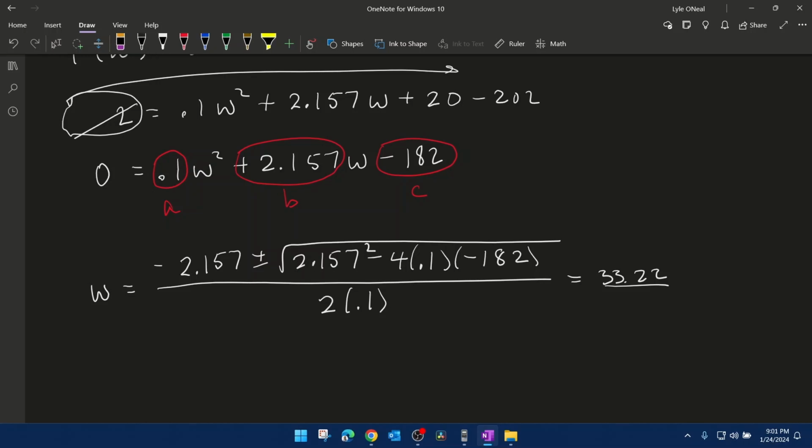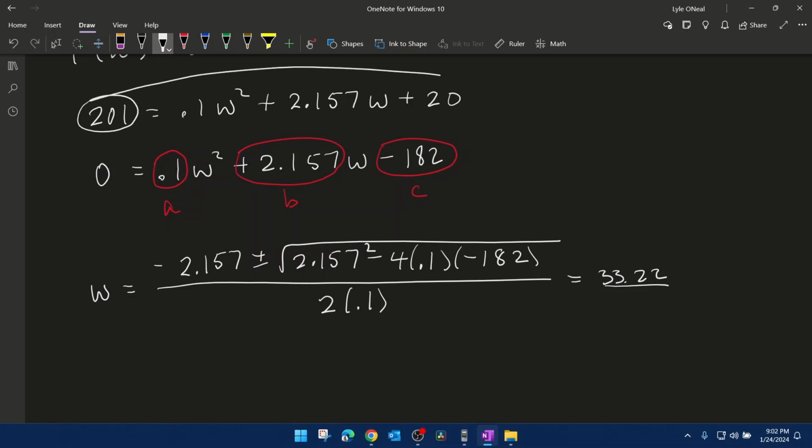So to show you how that's going to affect the problem, the lower temperature then would be allowed to be 201, and then we would need to do all of this work over again and solve for W. And so I'm going to go through and just edit. So instead of negative 182, that's going to be negative 181.